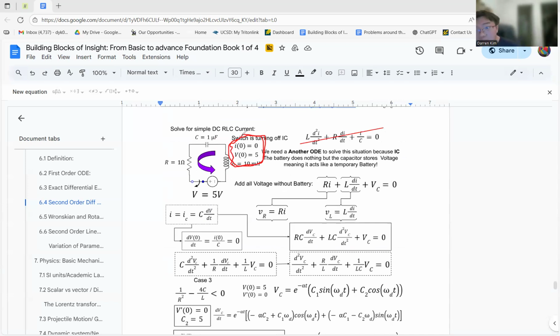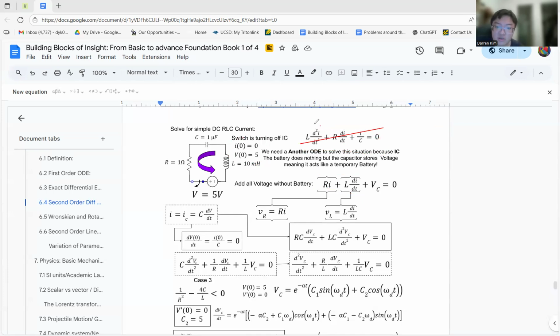You have a voltage initial condition and a current initial condition. These are two different types of conditions, so we can't just rely on this. We need another ODE. So we're going back to add all the voltages in.